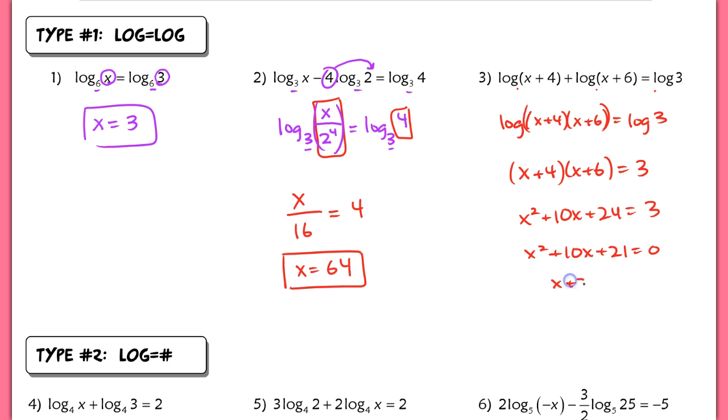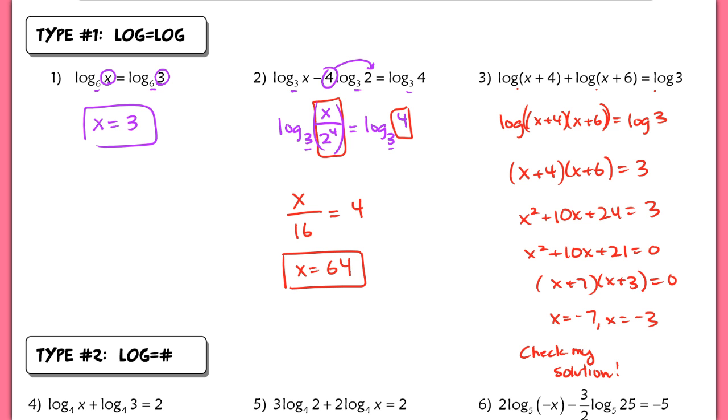So I have two solutions here. After I factor, x will equal -7 and x will equal -3. Now the thing I have to make sure I do is go back and always check my solutions. Remember, you can't have a negative argument or a negative base in a log.